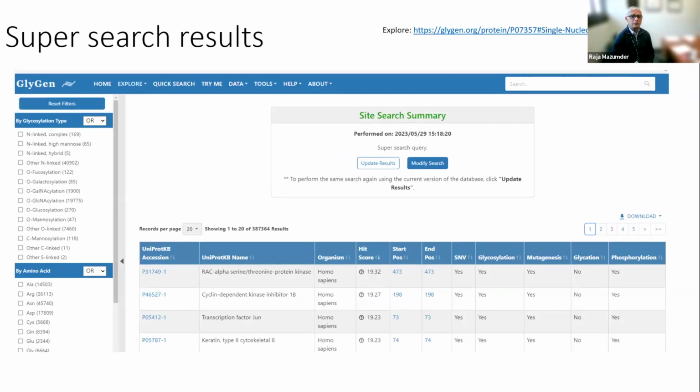And from that result, you can see how many of them are N-linked complex, high mannose, hybrid, and so on. And by amino acid, how many of these amino acid sites this functional information is attached to. So this is, again, a very unique and powerful way to explore the resource to identify potential experimental targets.